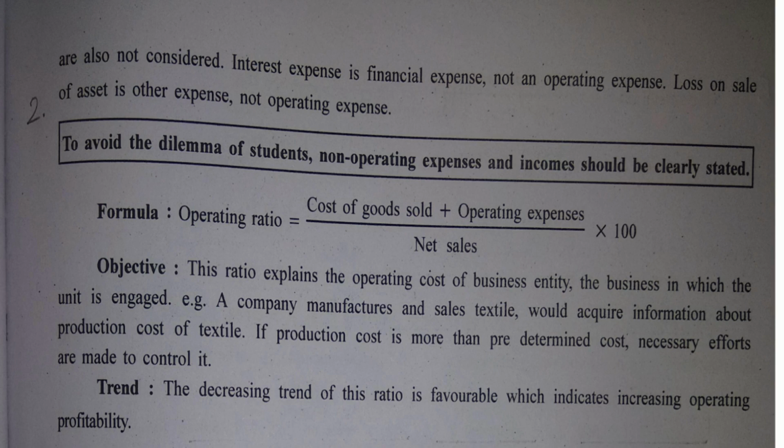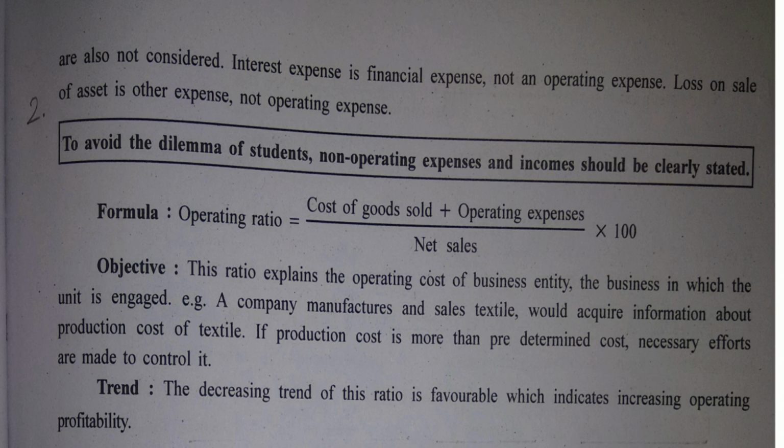Quickly coming towards the formula of operating ratio. Formula: operating ratio equals COGS plus operating expenses upon net sales into 100. You may please write down this formula.